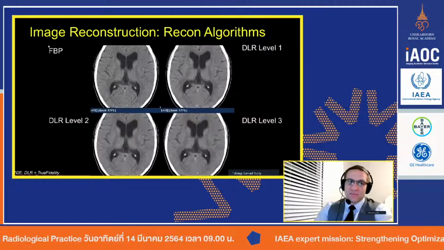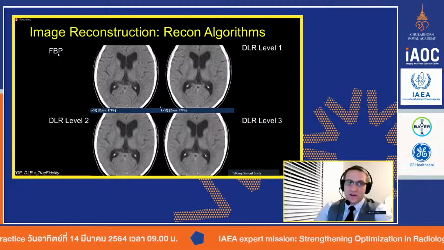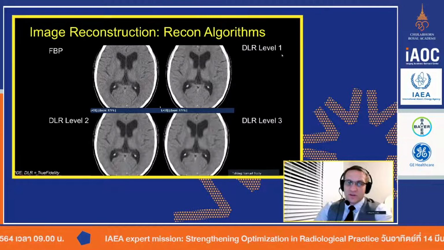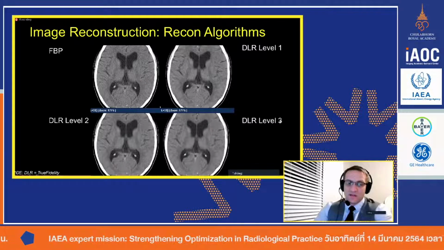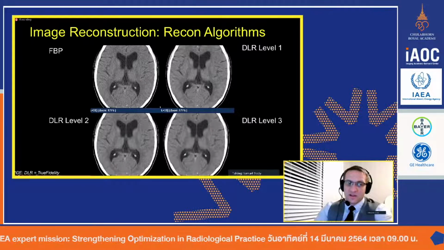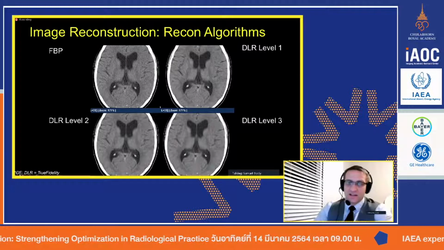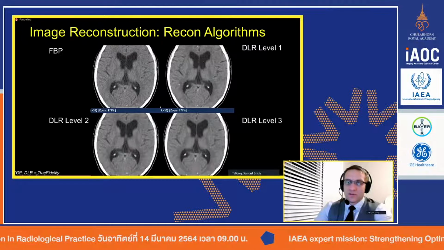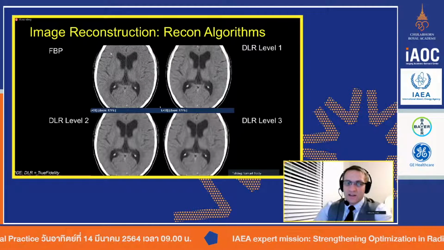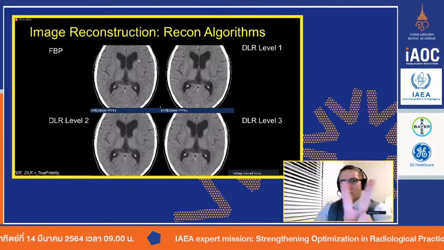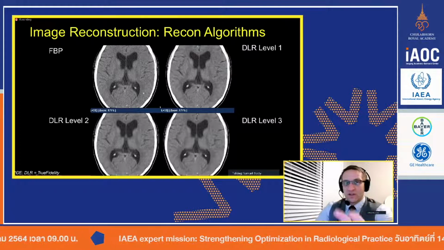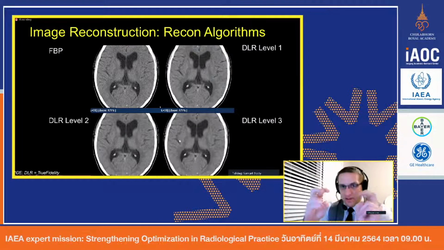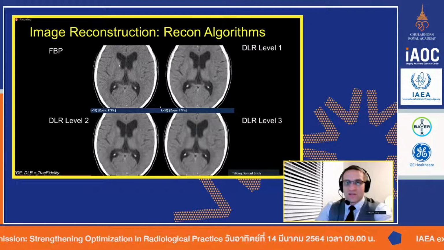So here is an example of filter back projection and the new deep learning reconstruction level 1, 2, and 3. And these I processed on our GE scanner, but like I said, Canon and GE have similar deep learning reconstruction algorithms. I hope you can see, like I said, the two principal things it's doing is removing noise. So this image all the way on this side of the spectrum is a lot less noisy than the original filter back projected image.